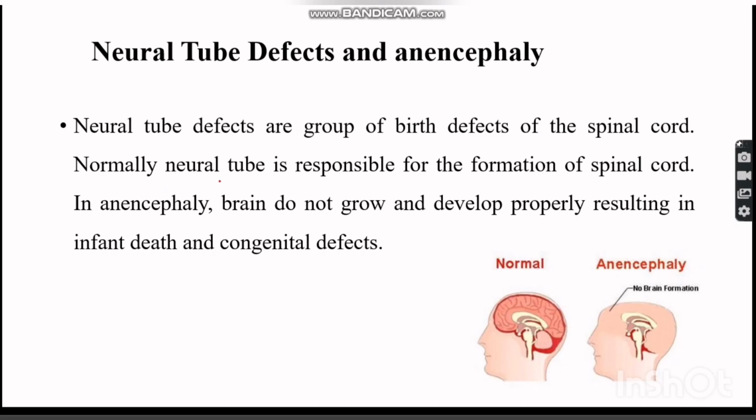Normally, the neural tube is responsible for the formation of the spinal cord. In anencephaly, this is a normal brain, there is normal growth, normal development of brain, but in this condition, there is no brain formation. The brain will not properly form, which results in infant death and congenital defects.